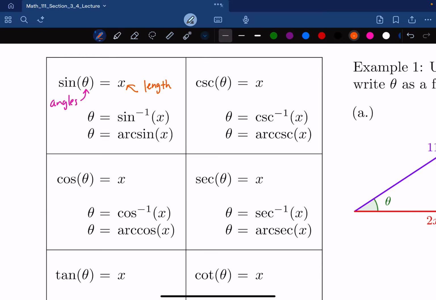Okay, we can use this idea to be sure that we're working with the right type of function. Because if you look at this, when we move the sine to the other side by changing it to an inverse, we're essentially saying, hey, look, this inverse function now inputs a length and outputs an angle.